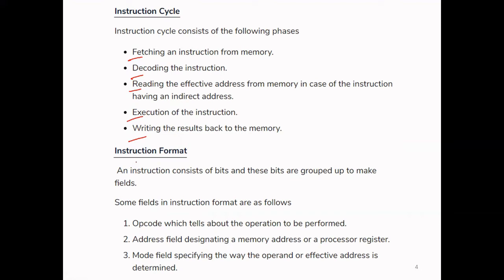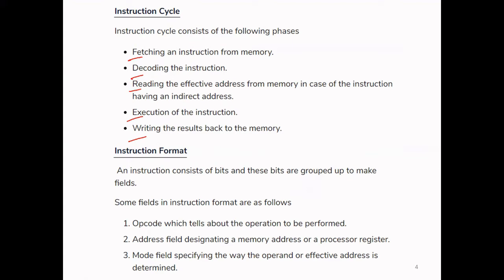All the instructions and data will be stored in the memory. So a CPU will first fetch the instruction from the memory. That is the first sub operation. Once fetched, it has to decode the instruction, that means converting it into signals such that the operation can be performed.